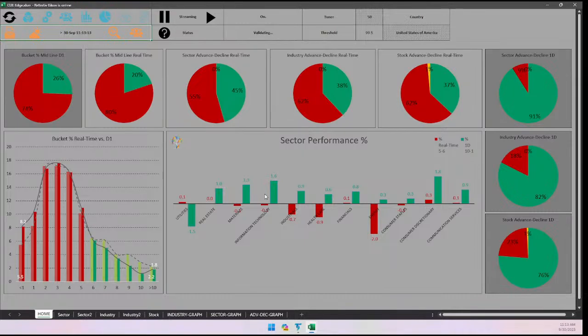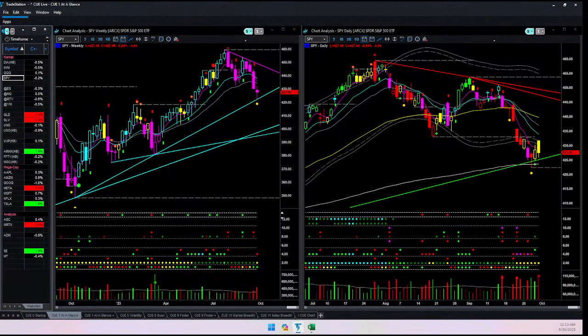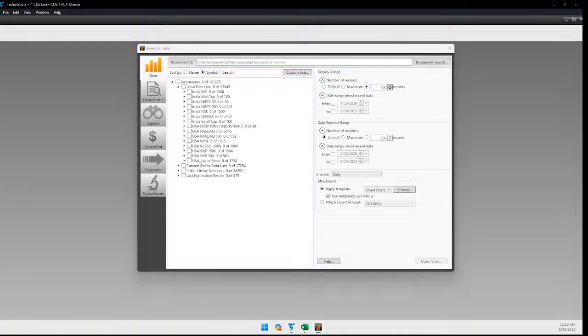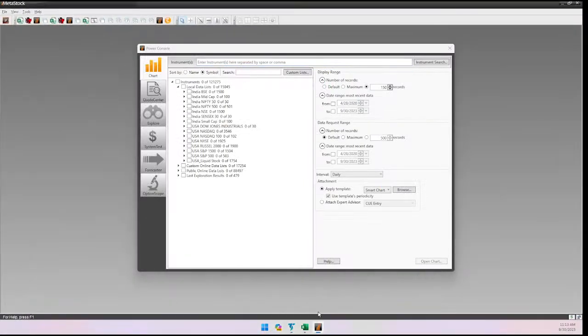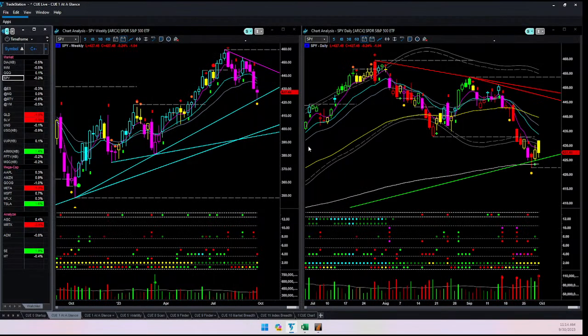Without waiting for Metastock to open, let's continue with a look at the USA market. In the last market recap, well, Metastock has opened. That's fine. Let's have a look at the USA market because I already started.